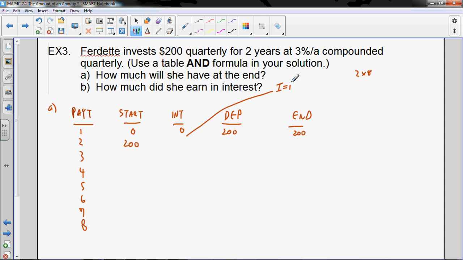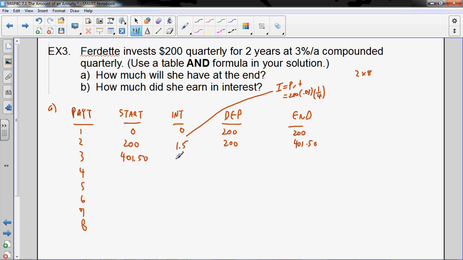The interest: $200 was at the start. The rate was 3%, and for a quarter year, right? Three months is a quarter year, and that gives me $1.50, a whole $1.50 interest. But I'm going to put another $200 in there, and that gives me 401.50, and then that becomes the new starting amount.